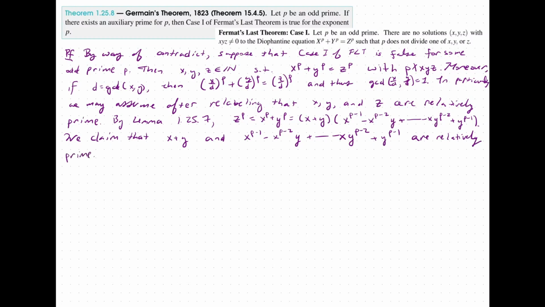So we're going to do another contradiction assumption. We show the claim by contradiction. So let us go ahead and suppose that they are not relatively prime.